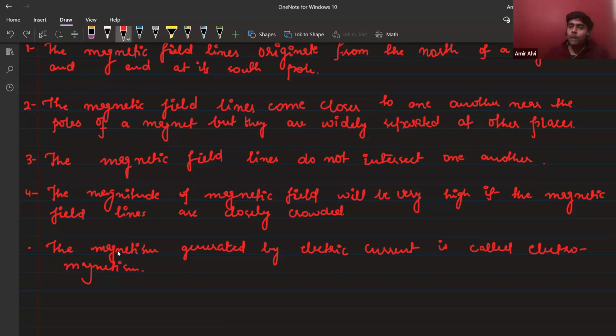A metal can be formed as a permanent magnet when a continuous amount of current is flowing for a long time. You will study these things in detail in 12th class.